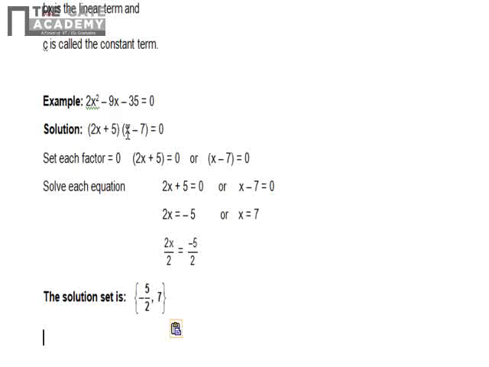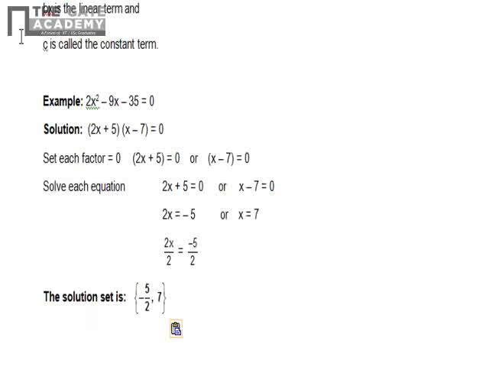So you'll have to factorize it, and after factorization you will have to set each factor equal to 0. Then you'll get two values of x, and the solution set will be like this. This is the traditional method, and we can also have a very simple method.